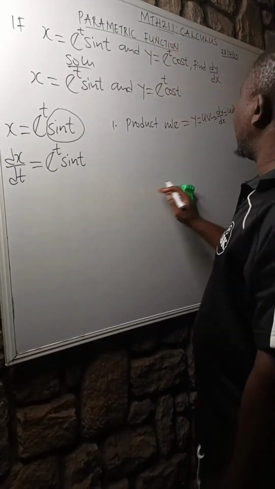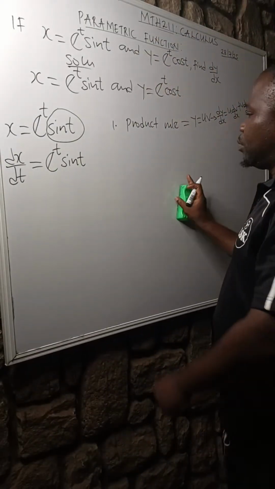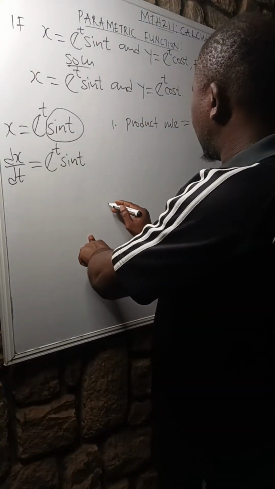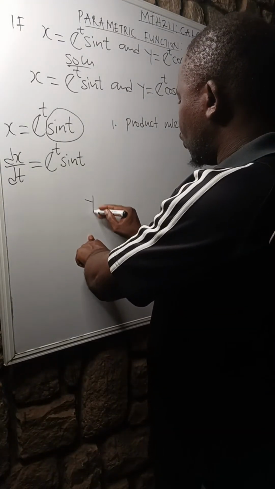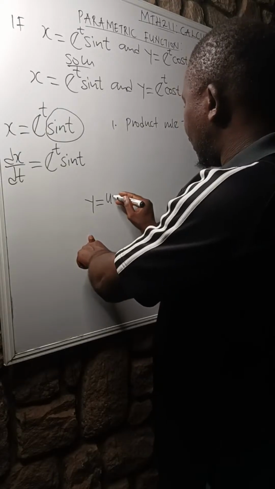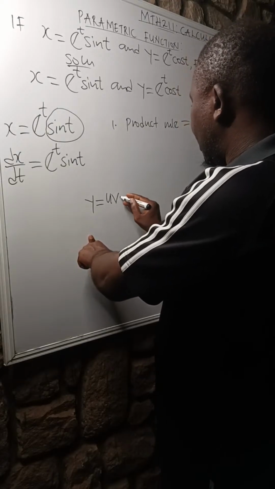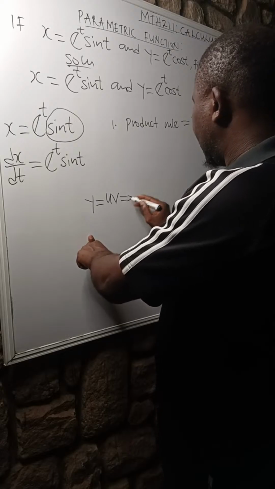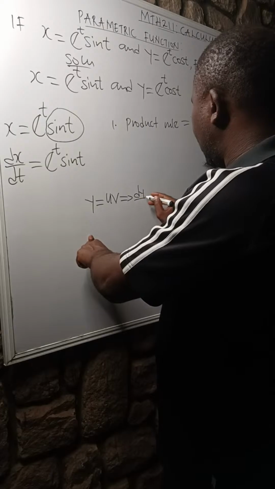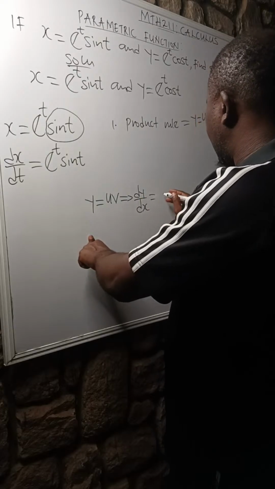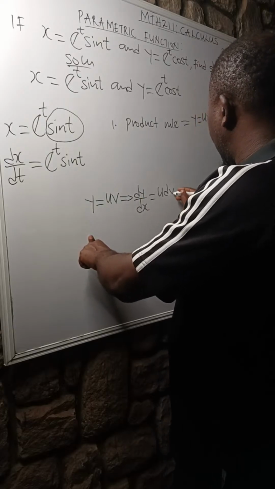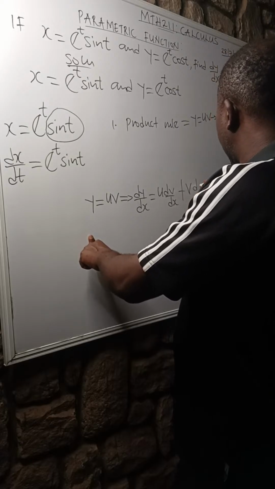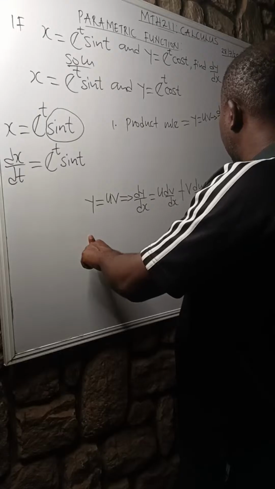You know this formula here, this is plus. Let me write it out for you. This is the product rule formula. It means y equals uv, so dy over dx is equal to u dv over dx plus v du over dx.